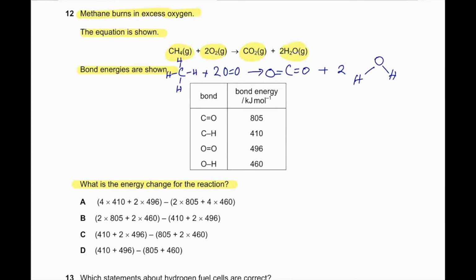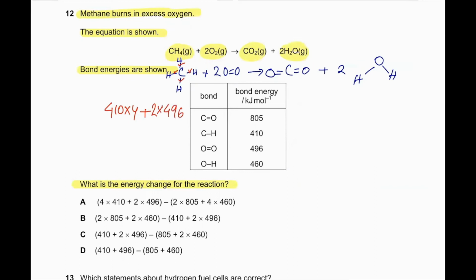So if we do the bond energies, guys, the methane C-H bond that is being broken will be 410 multiplied by 4, because there are 4 of them, as you can see. Which will then be added to the bond energy of 2 oxygen, which will be plus 2 into 496.